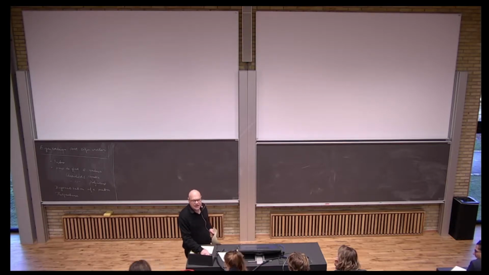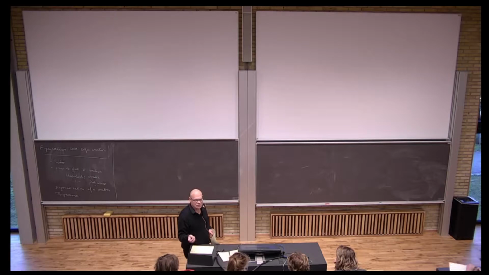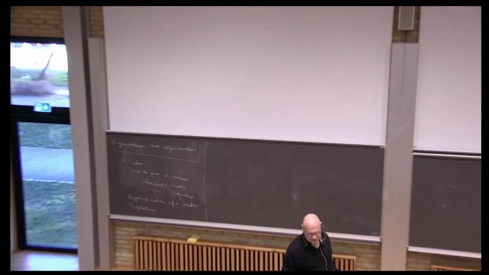What I'm going to tell you now is how you find the eigenvalues and also how you find the eigenvectors. And you have to do it from one equation. So let's see how that works.